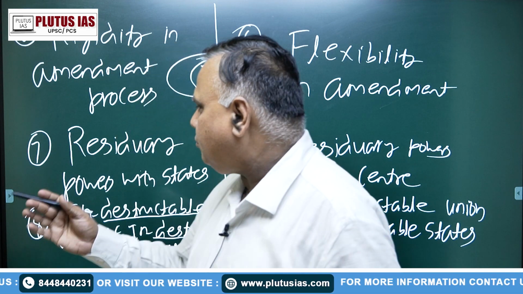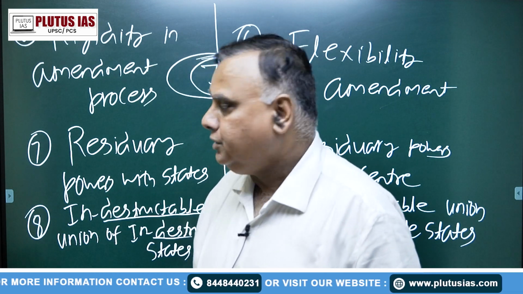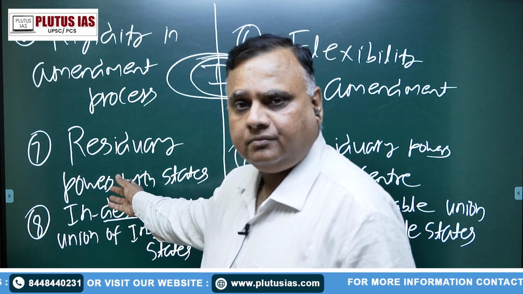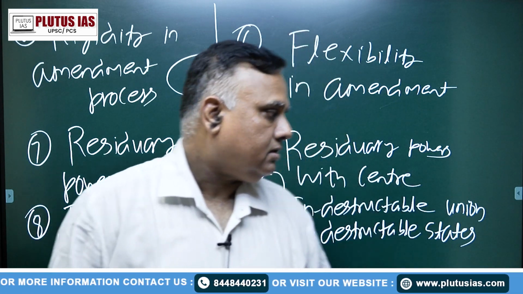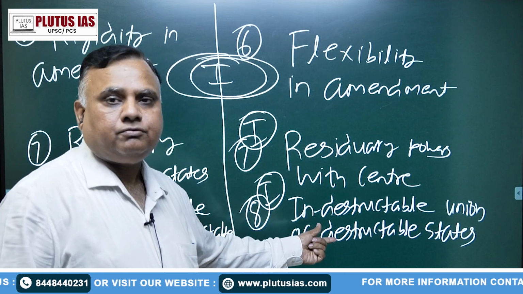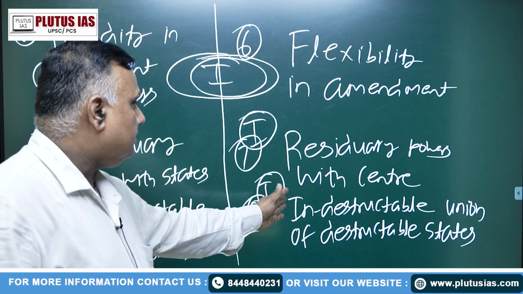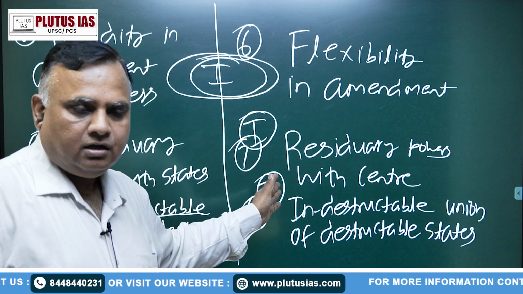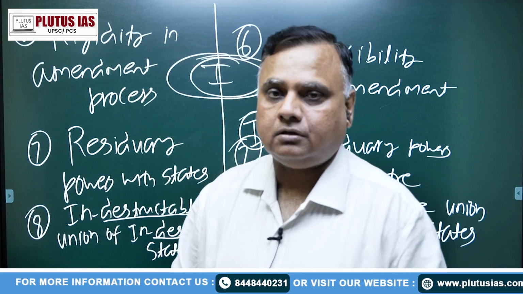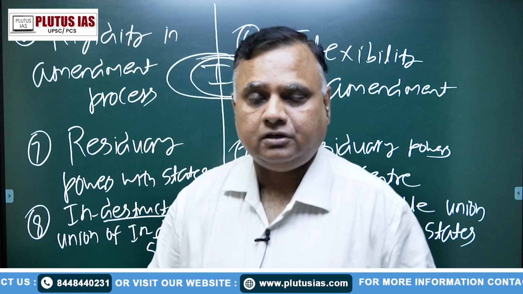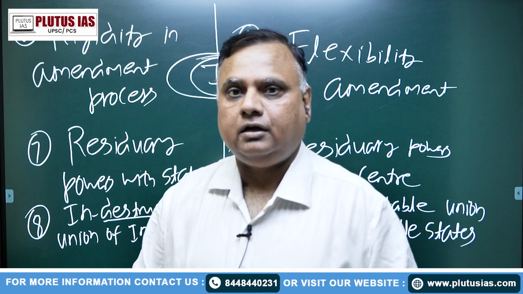These things cannot happen in a true federal polity like the US. There cannot be state reorganization unilaterally by the center. So indestructible union of indestructible states there. Here, indestructible union of destructible states. So India is on this side. India has, in this regard, unitary polity. So what are the other features of federal polity in which the center-state relationship is defined?